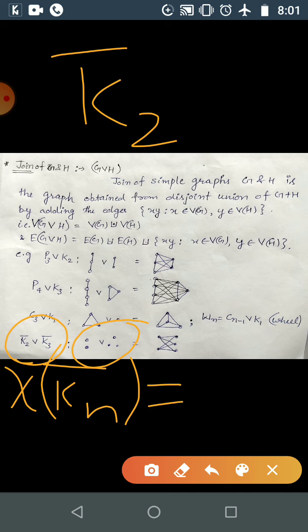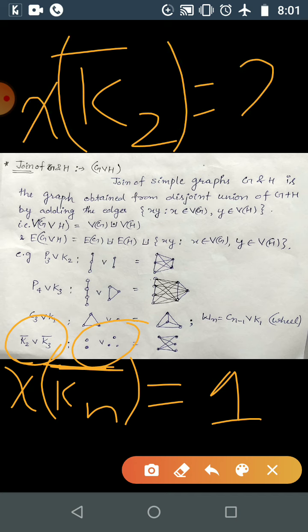So these are pairwise independent vertices, so we can use only one color to color all the vertices in Kn complement. So for K2 complement the chromatic number is, not 2, it's 1, correct, and for K3 complement as well it is 1, correct.